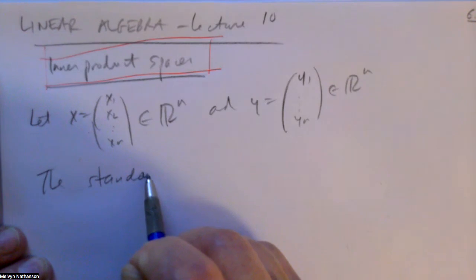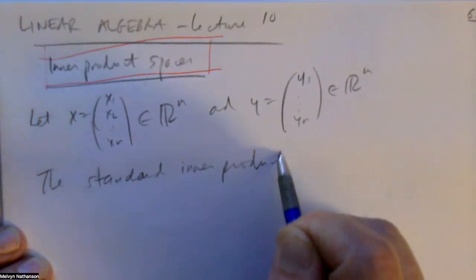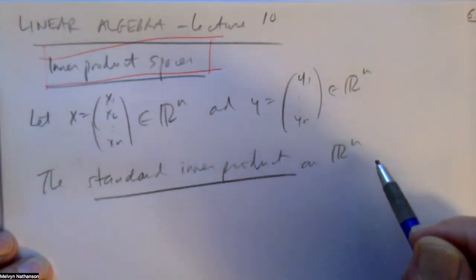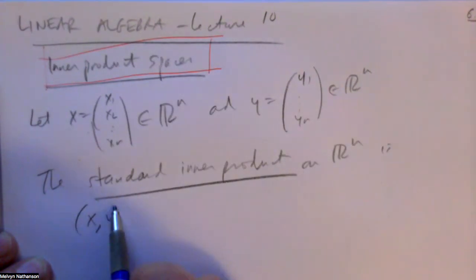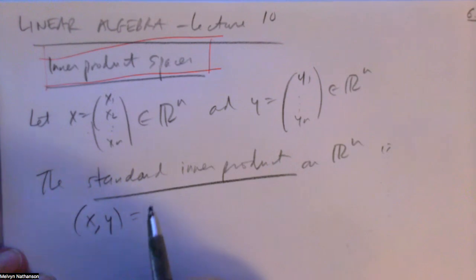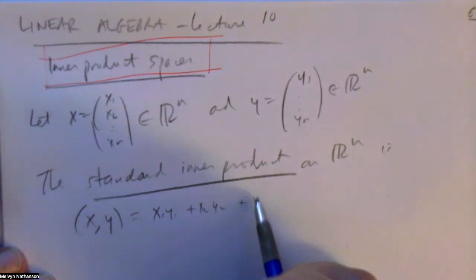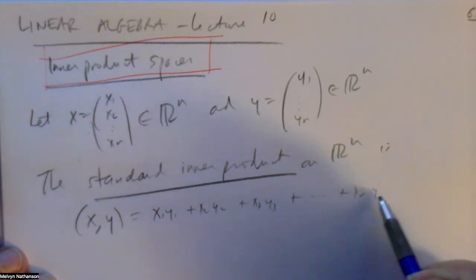The standard inner product on Rn is the product of these two vectors, written as x comma y in parentheses. You sum up the products of the corresponding coordinates: x1 y1, x2 y2, x3 y3, up to xn yn.